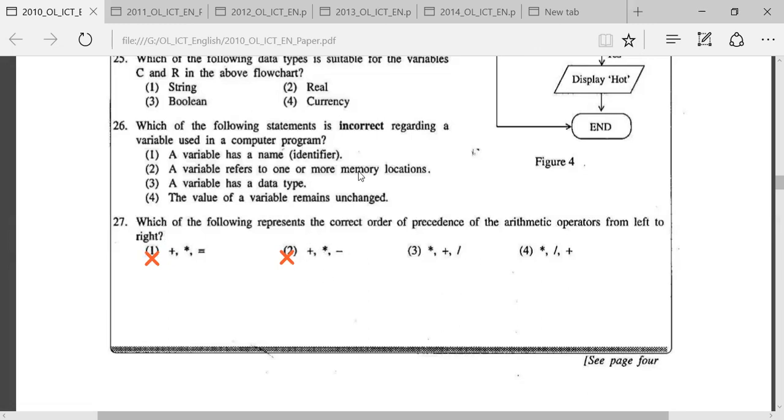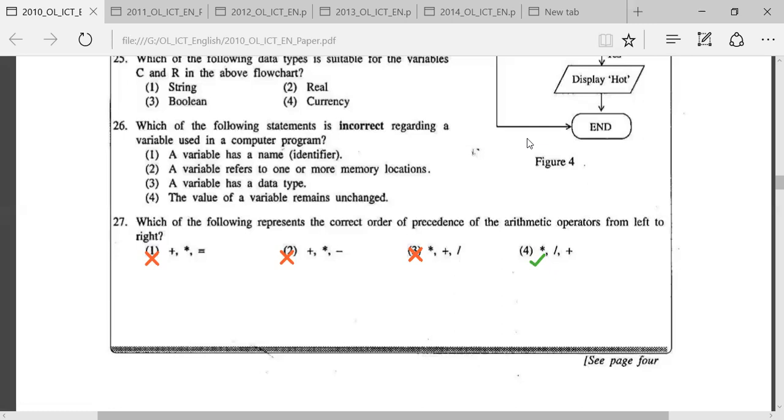Here we are having multiplication, that is fine. Then we are having addition, that is also fine. But after the addition, we are having division, that is wrong. That's why this is false. So multiplication, division, addition. So the answer option is the fourth answer option.